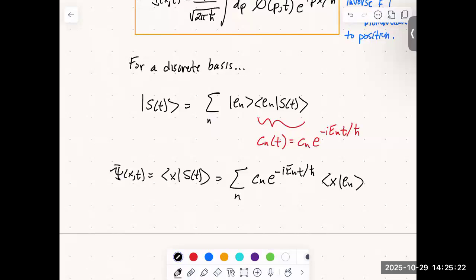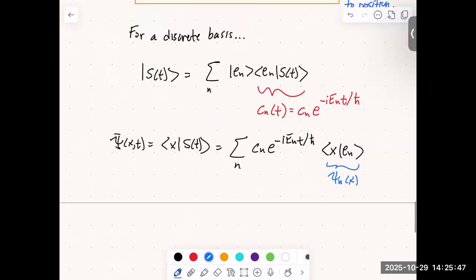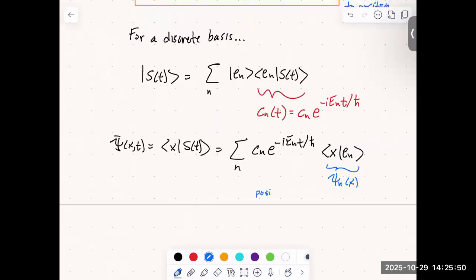But if this is something like the quantum harmonic oscillator, then we know that the states in terms of variable x are like the Hermite polynomials with the e to the minus z squared over 2 factor. We worked those out. And this is exactly what they are. This is psi n of x. This is the position representation of our energy eigenstates.